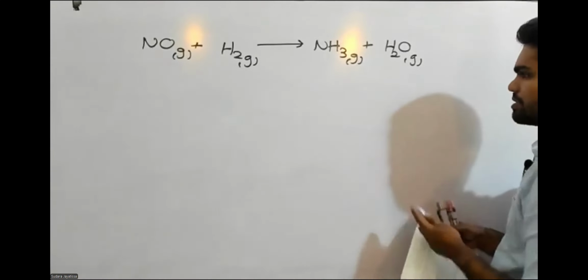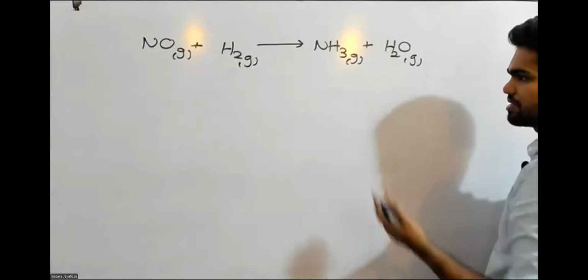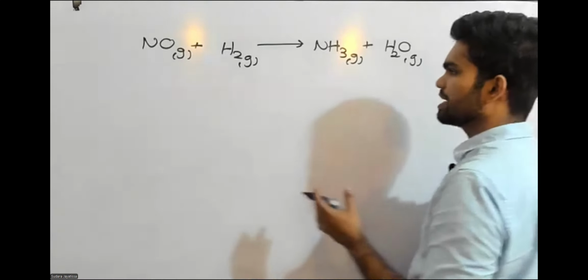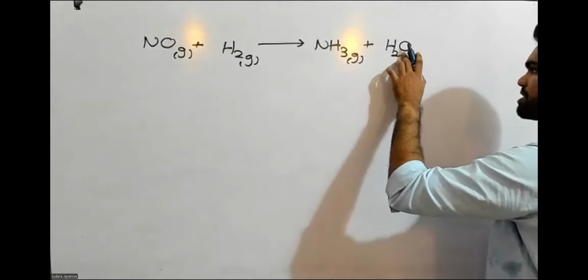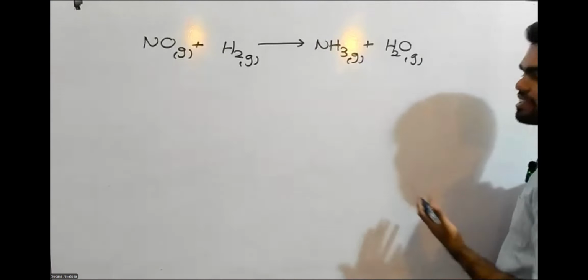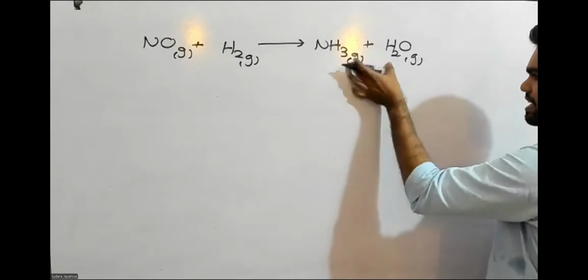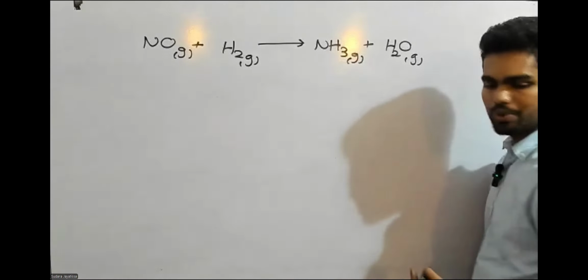If you check superficially, you can see 1 nitrogen is there, and here also you have 1 nitrogen. 1 oxygen is there, and on this side also you have 1 oxygen. So the problem is with hydrogen. On the right side you have 5 hydrogen atoms, but on the left side you have only 2.